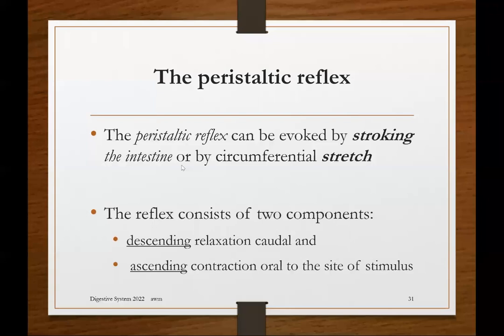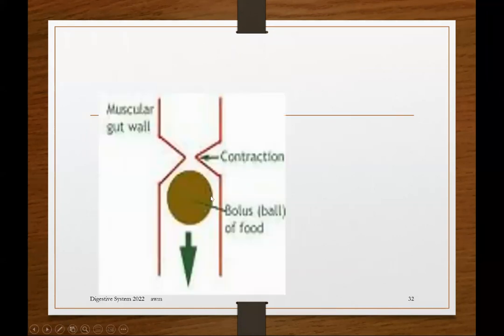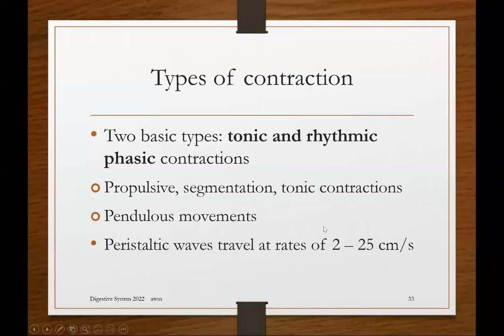Even if you're touching it from the outside, stroking it, that can also cause the peristaltic reflex to be evoked. And usually what you get is descending relaxation, caudal or towards the anal end, and ascending contraction on the oral side of the stimulus. This diagram just says the same thing.